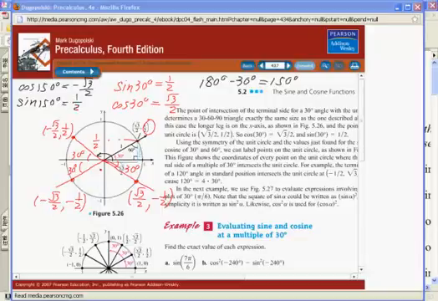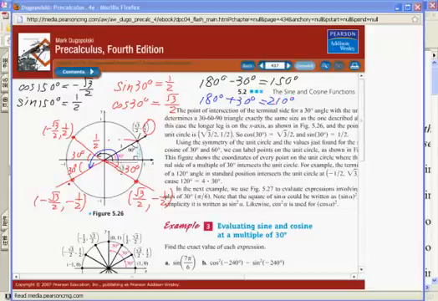Now, what is the degree measure of this angle marked by this blue arrow? 210, right? Actually, it's 180 degrees plus 30 degrees, so it's 210 degrees.